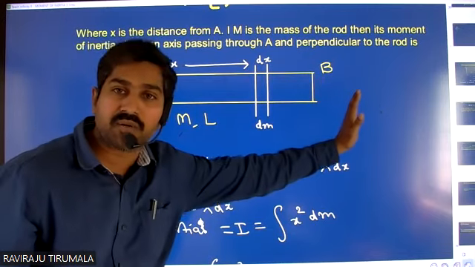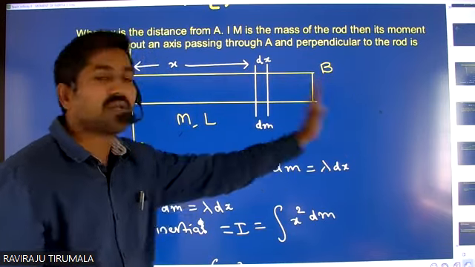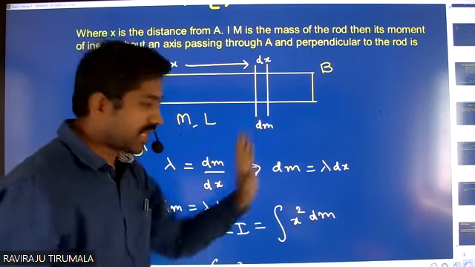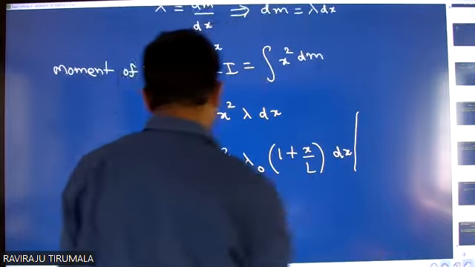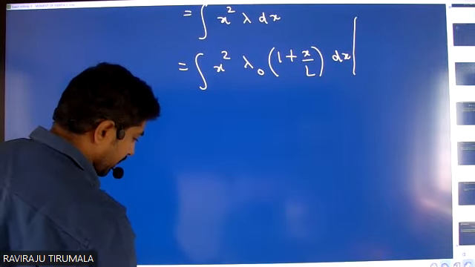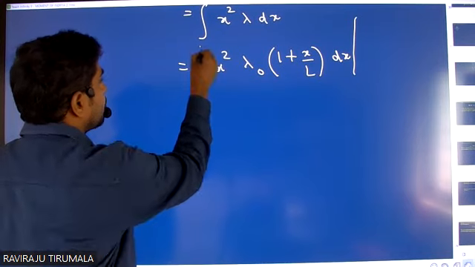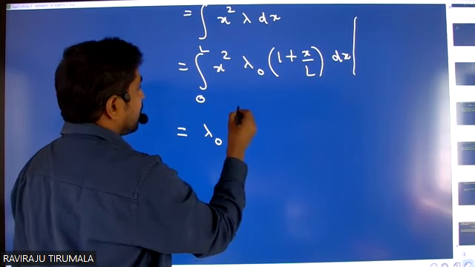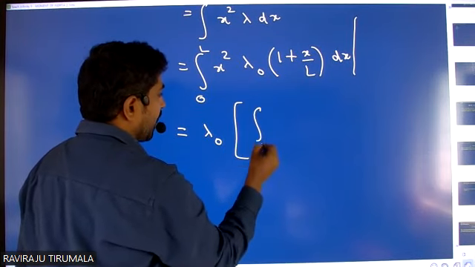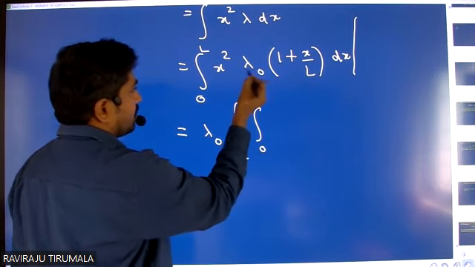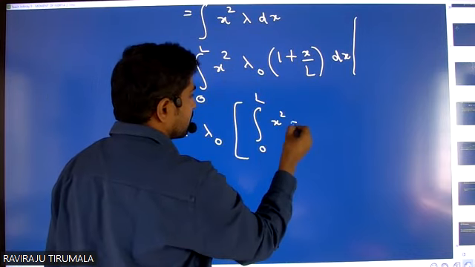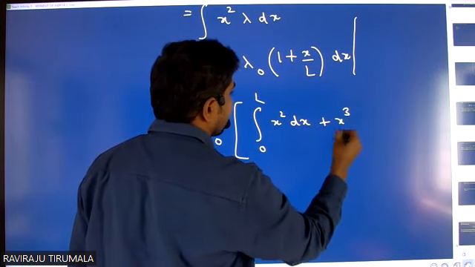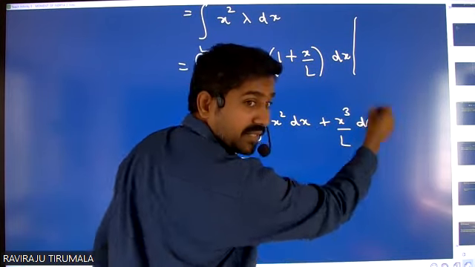That is the whole length of the rod, so it is L. So we have to take the integration from 0 to L. First, lambda naught you can take common here, and in the integration you will have x square dx, and if you multiply x square with this, plus x cube by L dx.